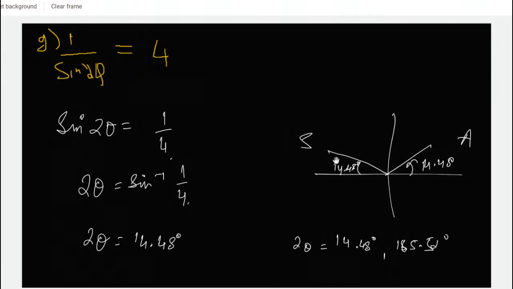It's counterclockwise. So I've got this, and I've got this one. Let me do it with different ink. This. So 360 minus 14.48.